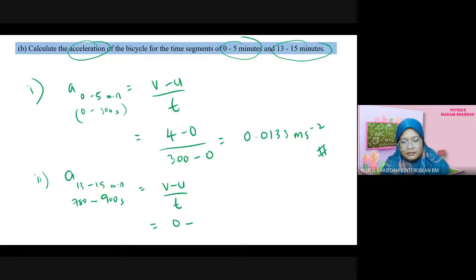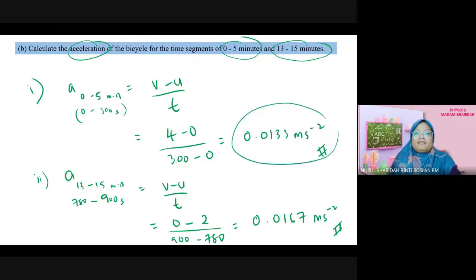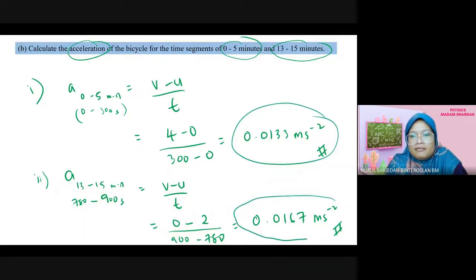So 0 minus 2 divided by 900 minus 780. I use the calculator, and I will get my answer, 0.0167 m s^-2. Sorry, this one is negative, because it's decelerating. Because it's the final part, I get deceleration because it stopped here.